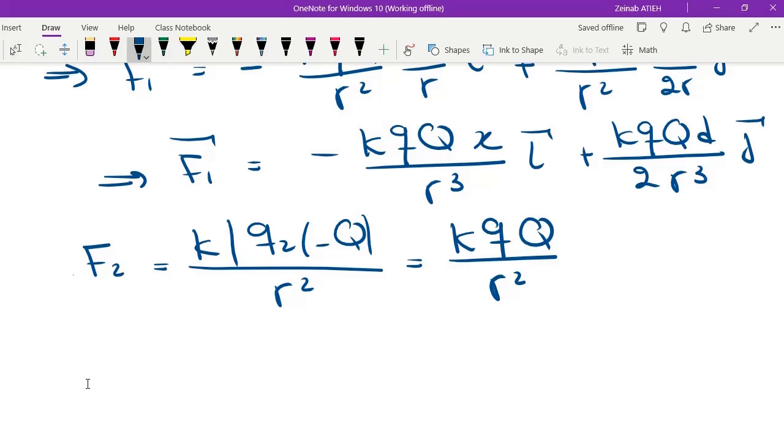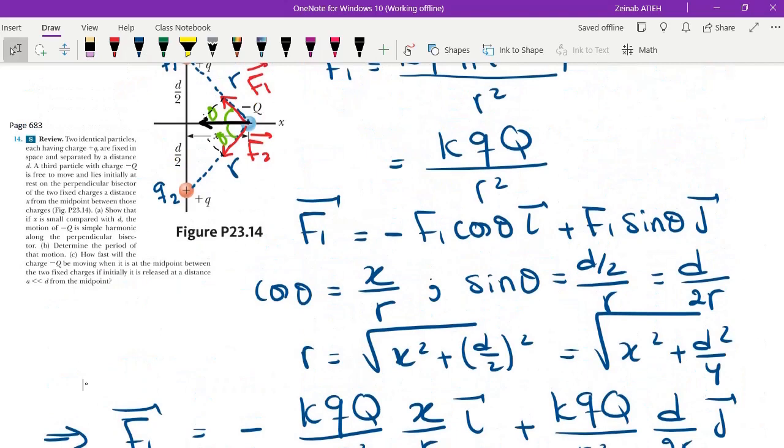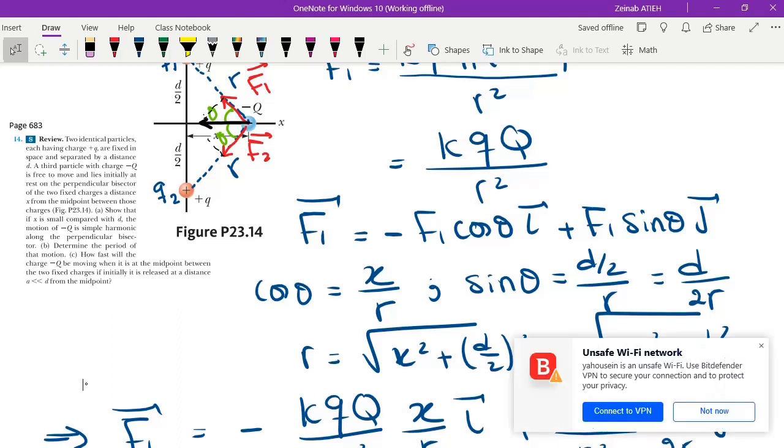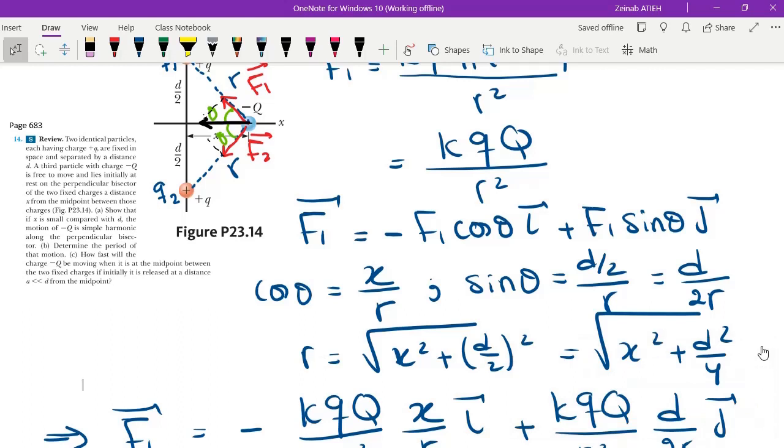So after I find the magnitude, I draw f2. How do I draw f2? I look at my charges. q2 is positive, minus q is negative. So q2 will exert on minus q an attractive force. So I draw f2 towards q2, as you can see. So f2 is drawn like this as I have drawn it.